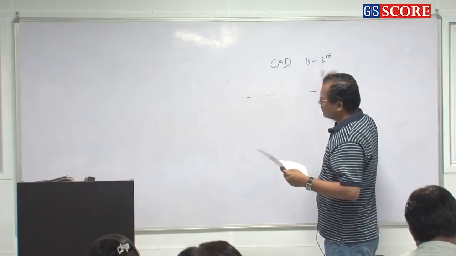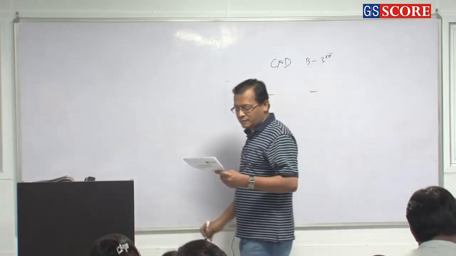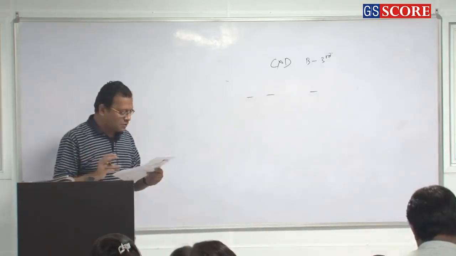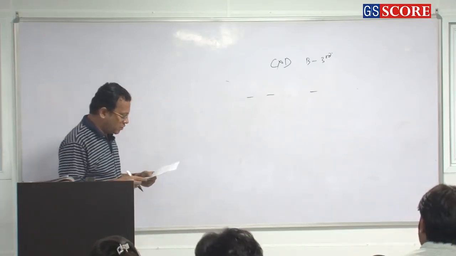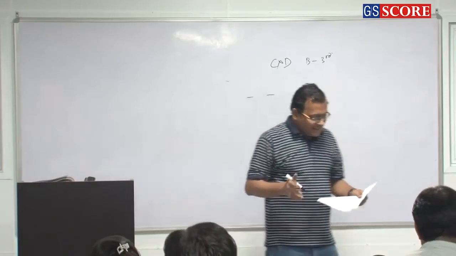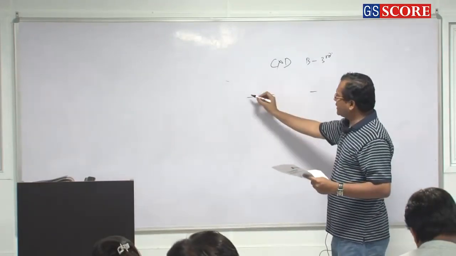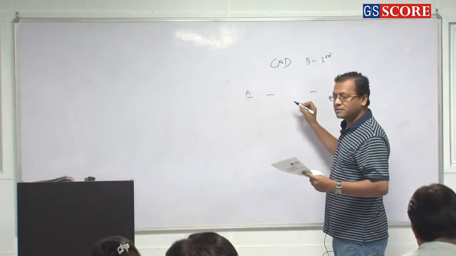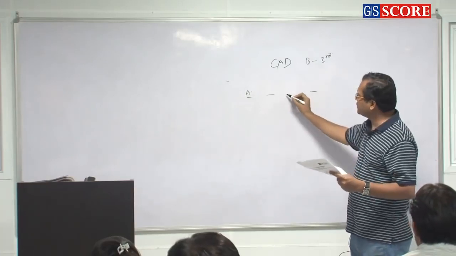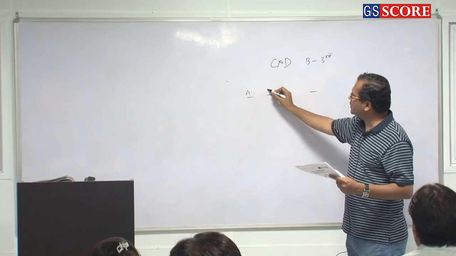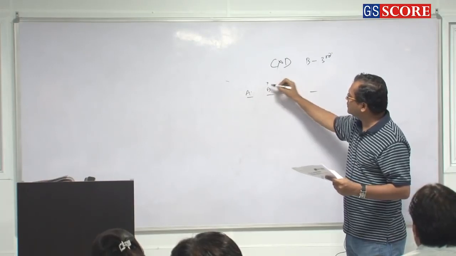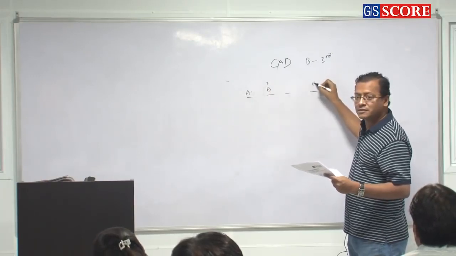But who sits at which place, you do not know. Which of the following must be false? Okay. If A is at the first place, then B cannot be at the third place, so B has to be at this place or this place.